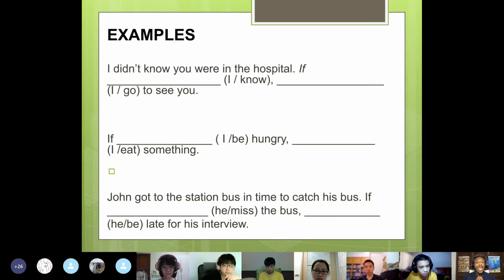So if he had missed his bus, he would have been late for his interview. So thinking about what would have happened if he missed his bus. If he had missed his bus, he would have been late for his interview. Okay.